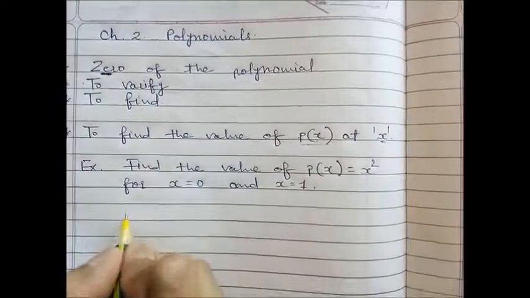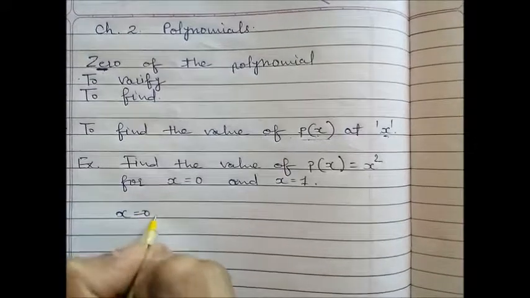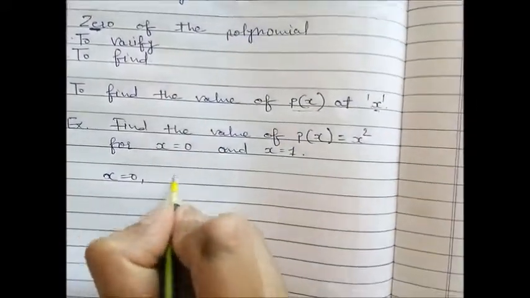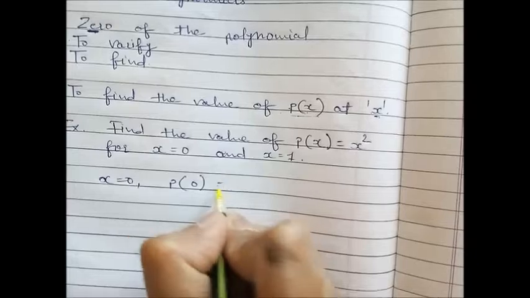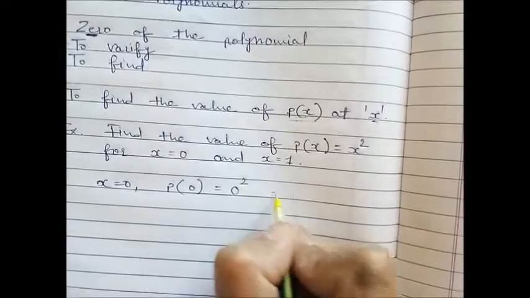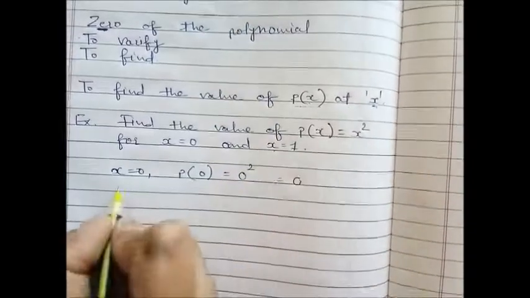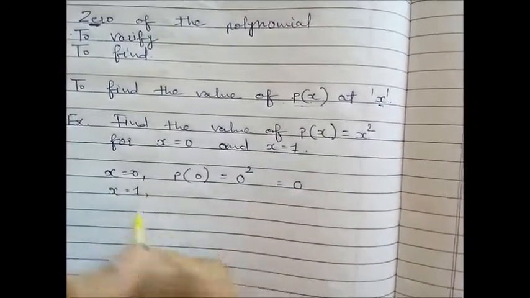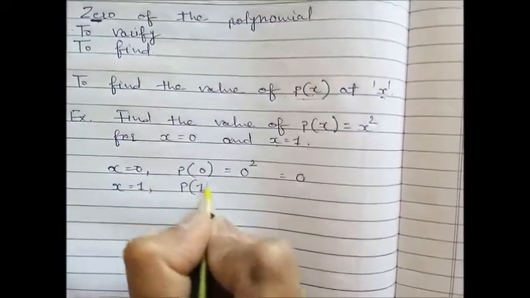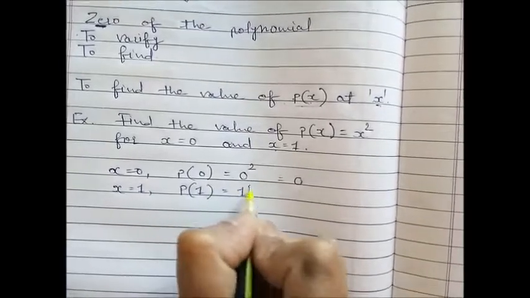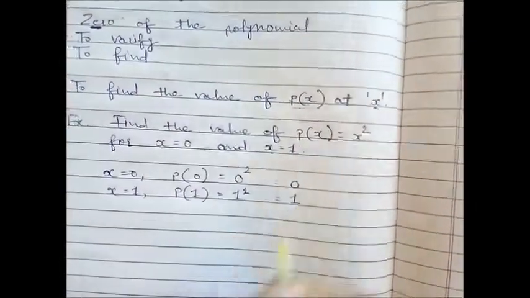Let's write x is equal to 0. So p of 0 is equal to 0 square, that comes 0. Now let's find the value for x is equal to 1. So p of 1 is equal to 1 square, that is 1.